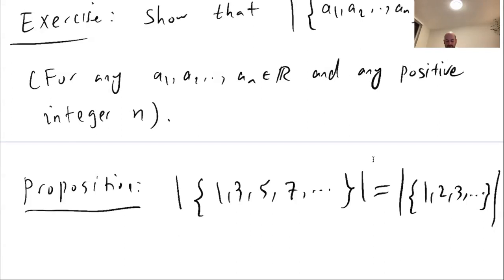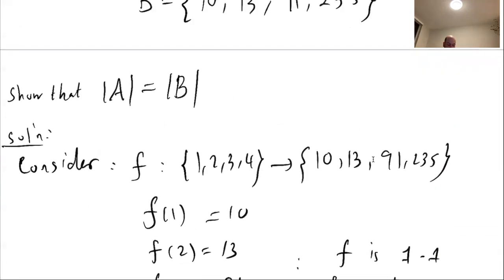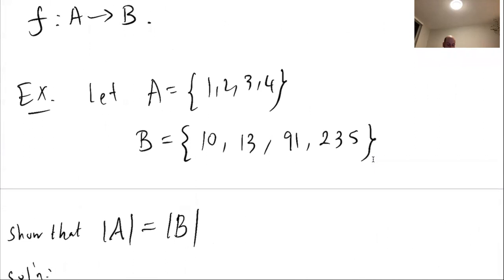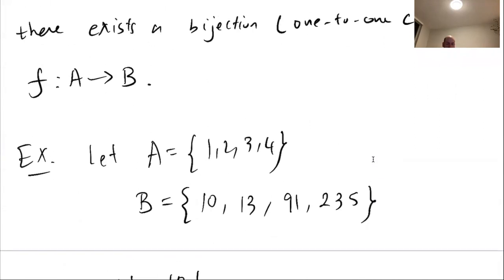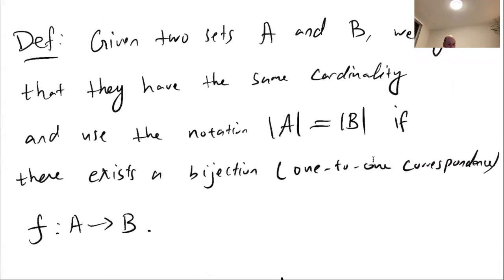But how can we compare those types of infinity? Are they the same infinity or different infinity? Well, according to the definition that we provided for equality of cardinality of two sets, we'll see that these two types of infinity are actually the same. Why are they the same? Well, we have to look at the definition.